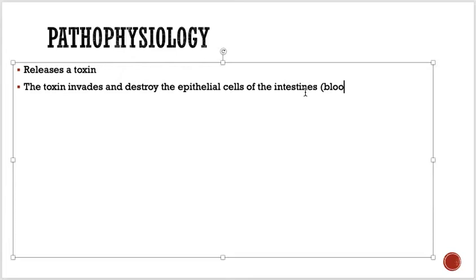So the patient will present with bloody diarrhea. Of course this will occur in the diarrhea positive one, not the diarrhea negative one. Now, after destroying the epithelial cells of the intestine, the toxin enters the bloodstream.